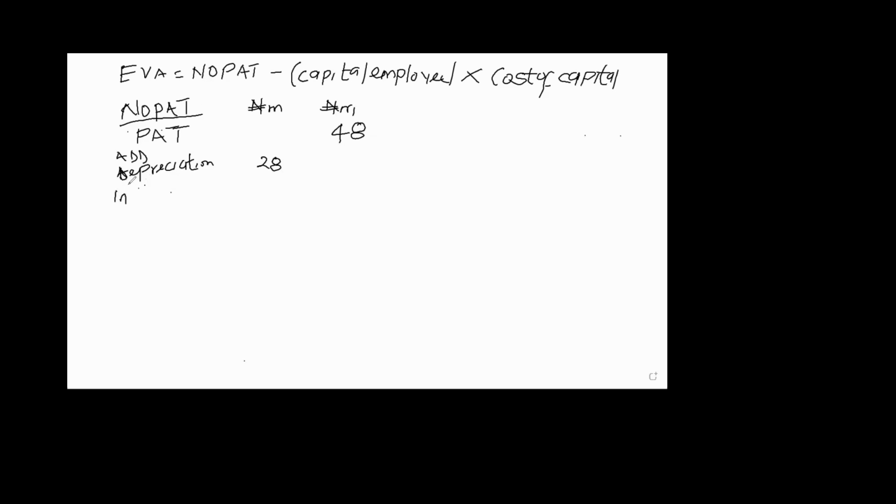Our interest net of tax. Now this is how to calculate it. Pick your 14 million, multiply by 1 minus the tax rate.